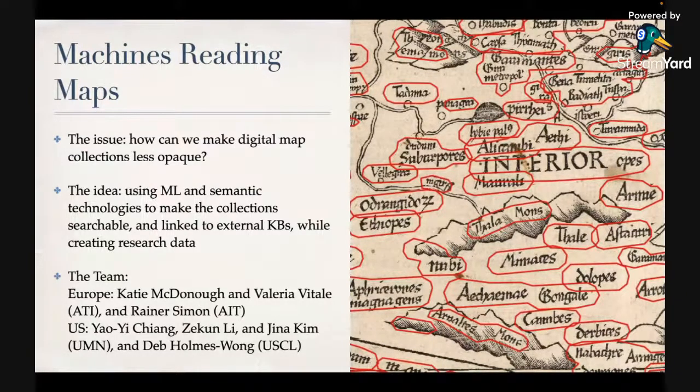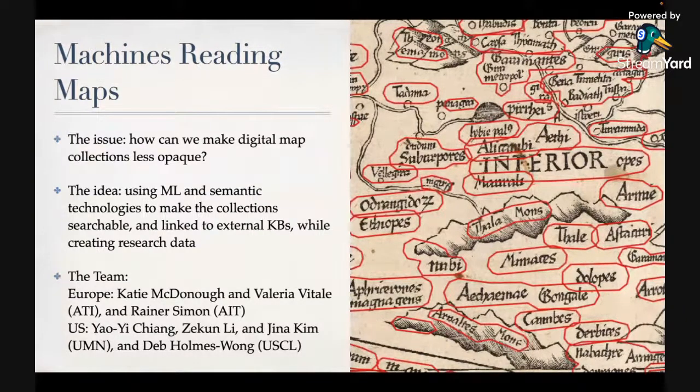However, at the moment, it is not always easy and straightforward to know what is on a map. That is due basically to the nature of the metadata and how maps are currently cataloged. So how can we make the content of the maps, in particular the text that is on the map, more visible and less opaque to researchers, but also the general public and people who just love maps?